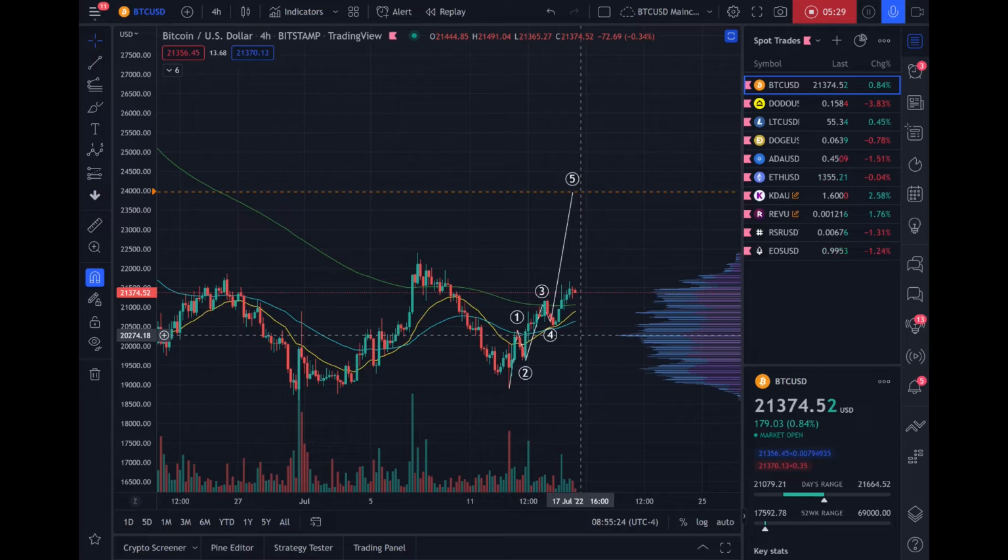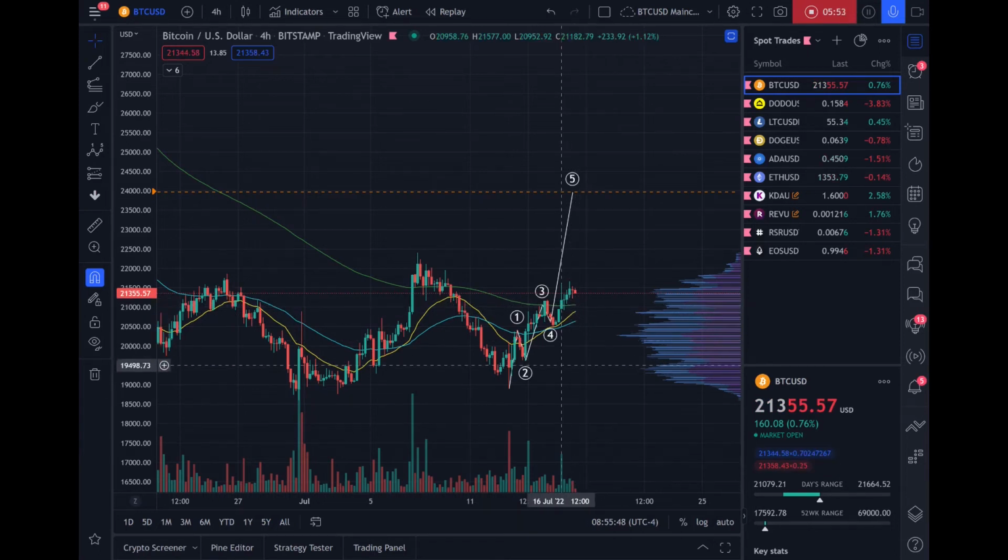EMAs stand for exponential moving averages. It's Sunday, everyone. And I like to use these 3 in particular because they're Fibonacci numbers. The yellow one is a 21, the blue one is a 55, and the green one is 144.